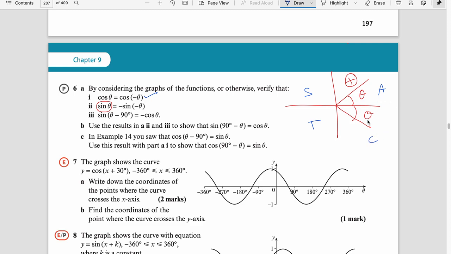We know that sine theta in the fourth quadrant would be negative, so this thing inside the box is negative. When you multiply this negative thing with a negative, it results in positive again. So left hand side positive, right hand side positive. Yes, it is true. Last thing, sine of theta minus 90 and minus cos theta. Now this is the yes.